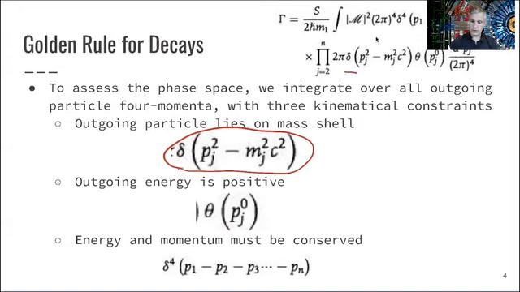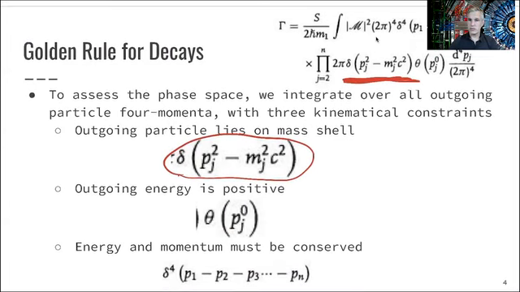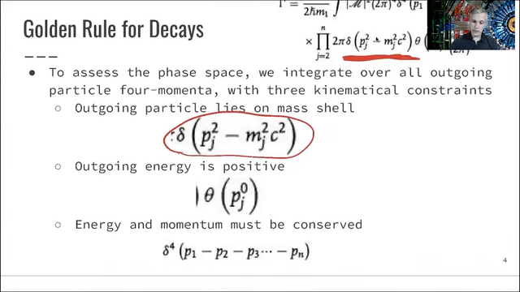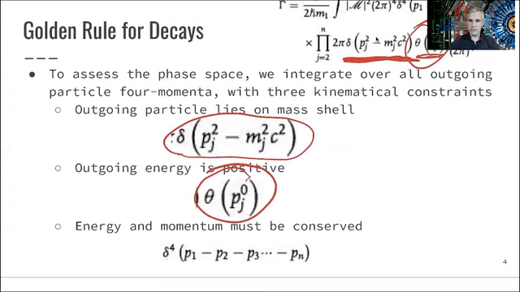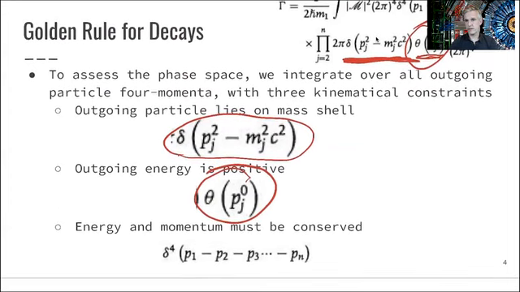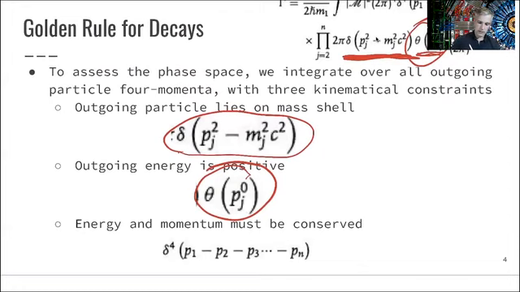So this first part of our Fermi's golden rule accounts for the fact that outgoing particles have to be on mass shell. Outgoing particles also have to have positive energies, and this explains our second factor. This factor is the Heaviside function, which is 0 for negative values and 1 for positive values. The last one means that energy and momenta of the particles have to be conserved.